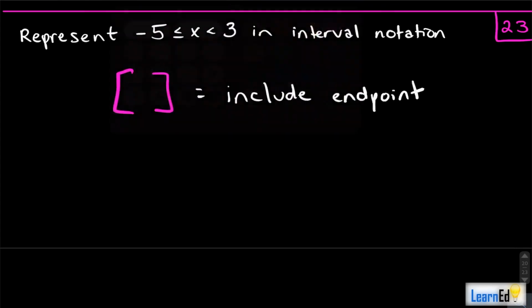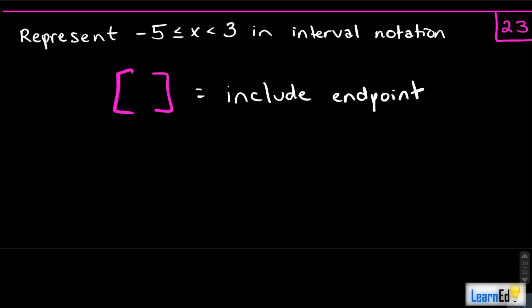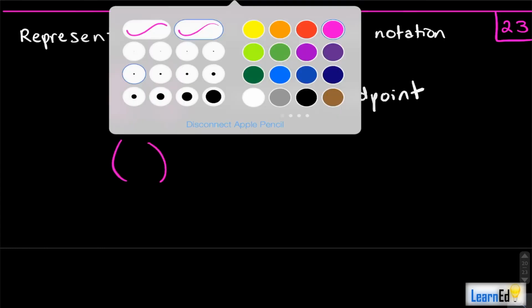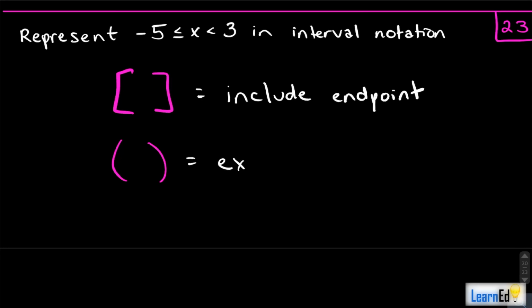So your endpoints here are -5 and 3. Okay, here though we are including -5 but not including 3. So -5 will be represented with a bracket and 3 will be represented with a parentheses, which is the next thing I was going to talk about, because parentheses are excluding your endpoint, right?